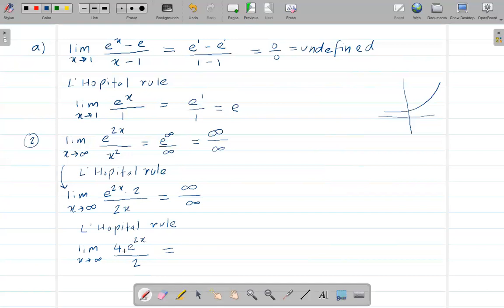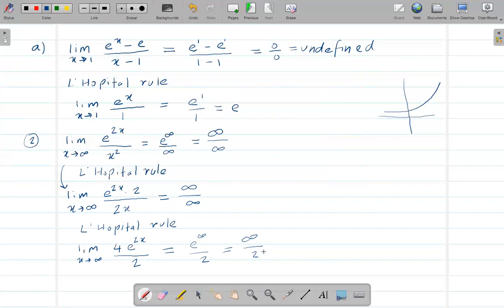Now we still have this 4, but e to the power 2 times infinity will still be e to the power infinity. And on the bottom, we just have 2. So e to the power infinity is still infinity, infinity over 2. In this case, we cannot use L'Hopital's rule.